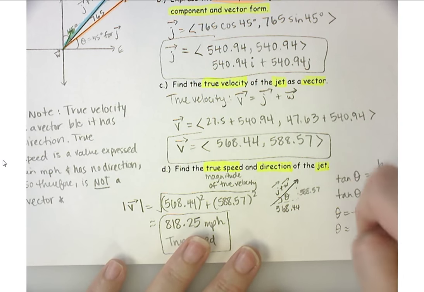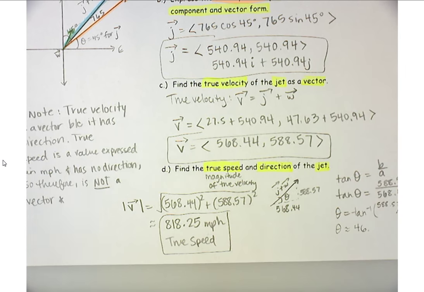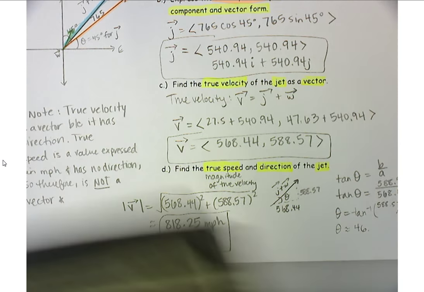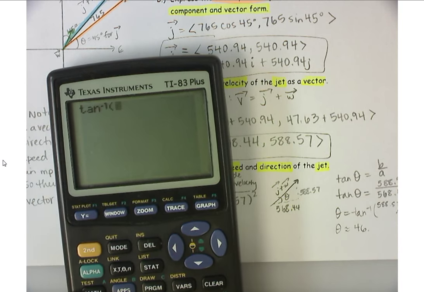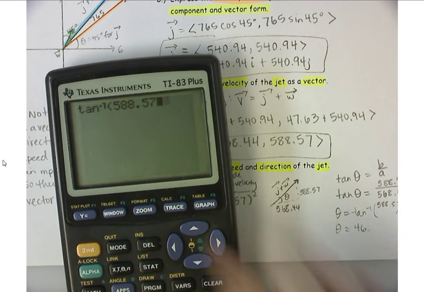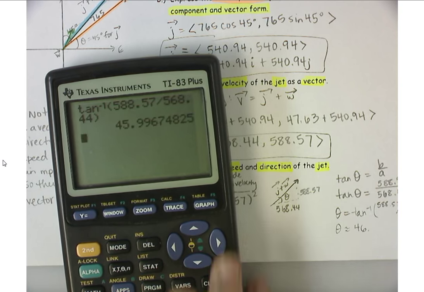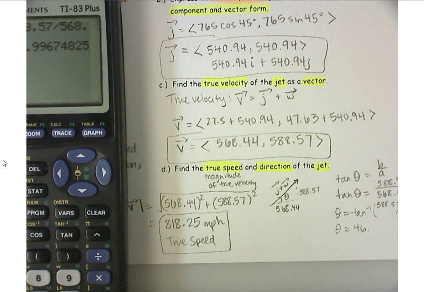Okay, and when you round this, let's do this together. Okay, so you're going to do the tangent inverse of 588.57 divided by 568.44. Okay, so this is going to round up to 46.0.